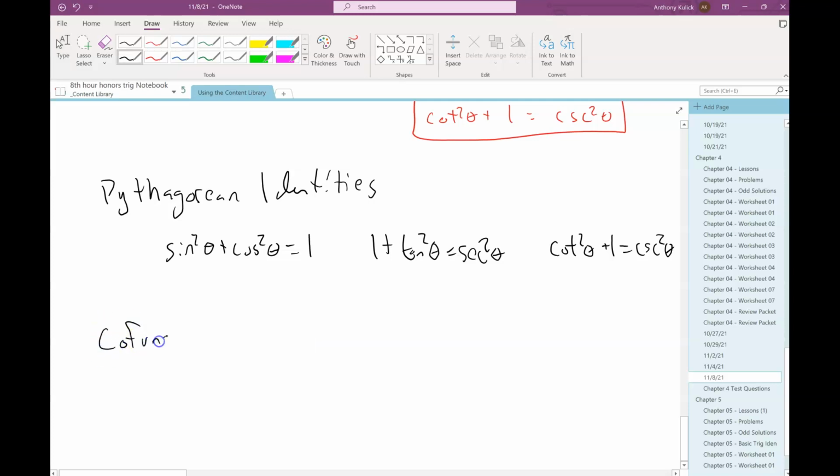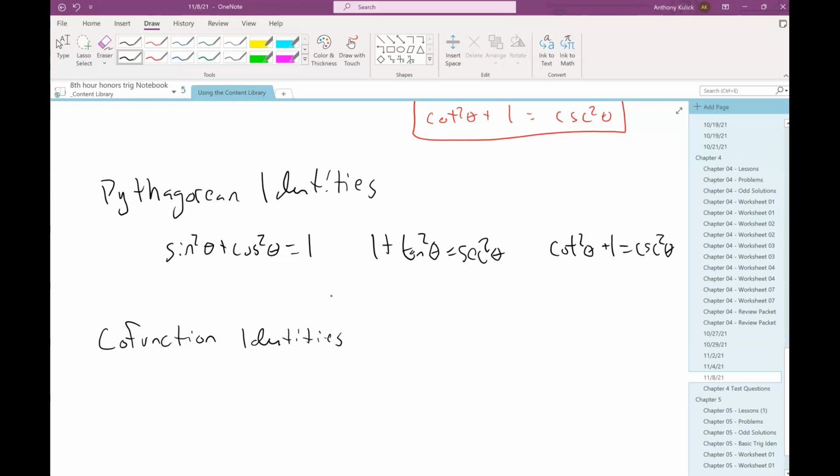The next class of identities is called the cofunction identities. Some of us might have noticed that there is a relationship between, say, sine and cosine if you're talking about angle pairs that are complementary. You might have noticed that the sine of 30 degrees was equal to 1/2, and cosine of its complement, cosine of 60 degrees, is also equal to 1/2.